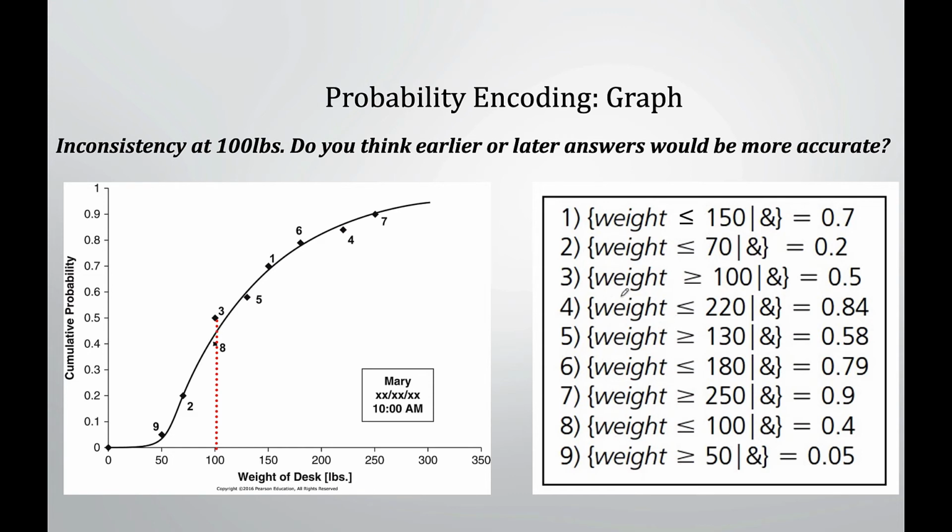Or maybe you made number 3 and number 8 at different points of time. Maybe before you proceed with number 8, you actually get a chance to lift the desk a little bit and get more information about the weight. So in that scenario, you would want to trust more your belief assigned at number 8.